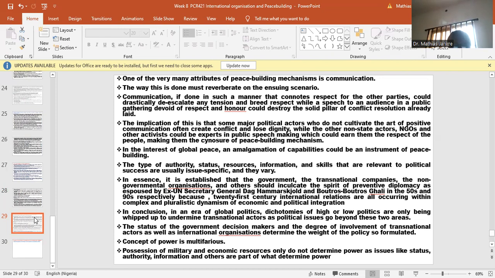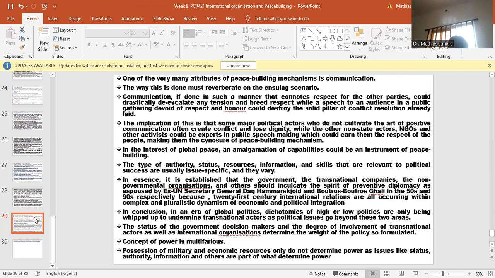In essence, it is established that government, transnational companies, non-governmental organizations, and others should inculcate the spirit of preventive diplomacy as espoused in the UN Secretary General's reports in the 50s and 90s, respectively. 21st century international policies are all occurring within a complex and pluralistic dynamism of economic and political integration.